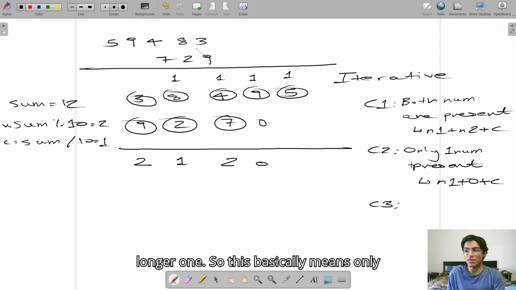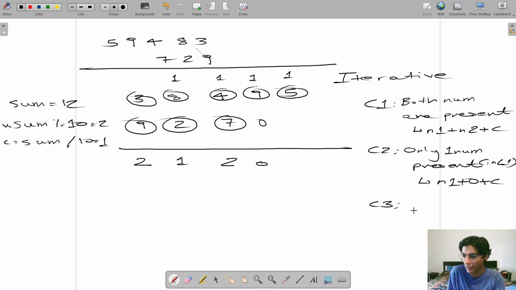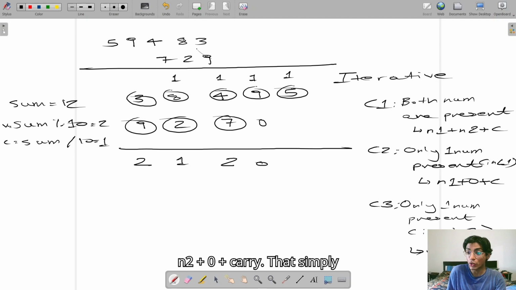So this basically means only one number is present in list 2, and in that case we do n1 plus n2 plus 0 plus carry.